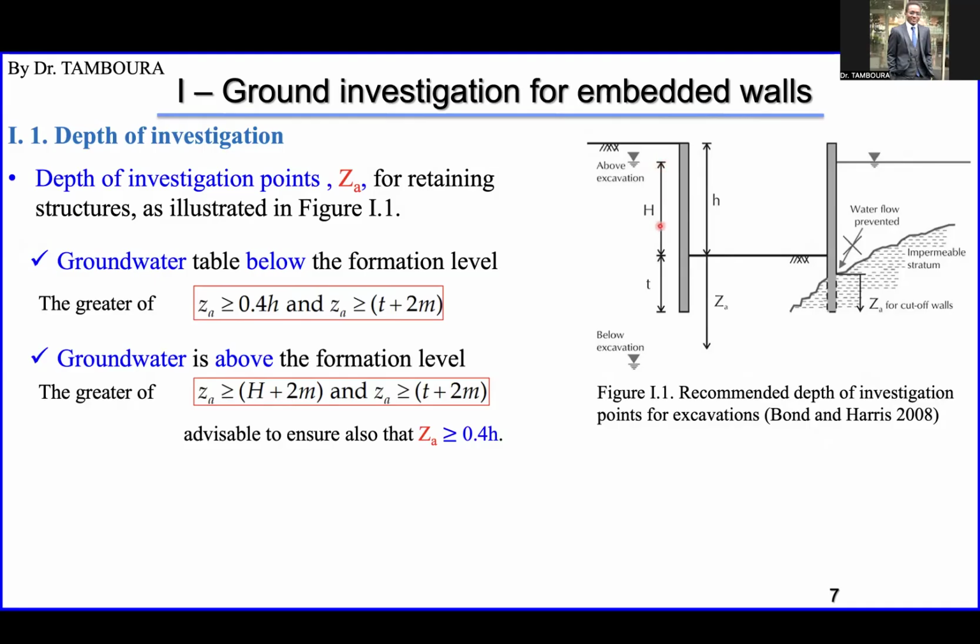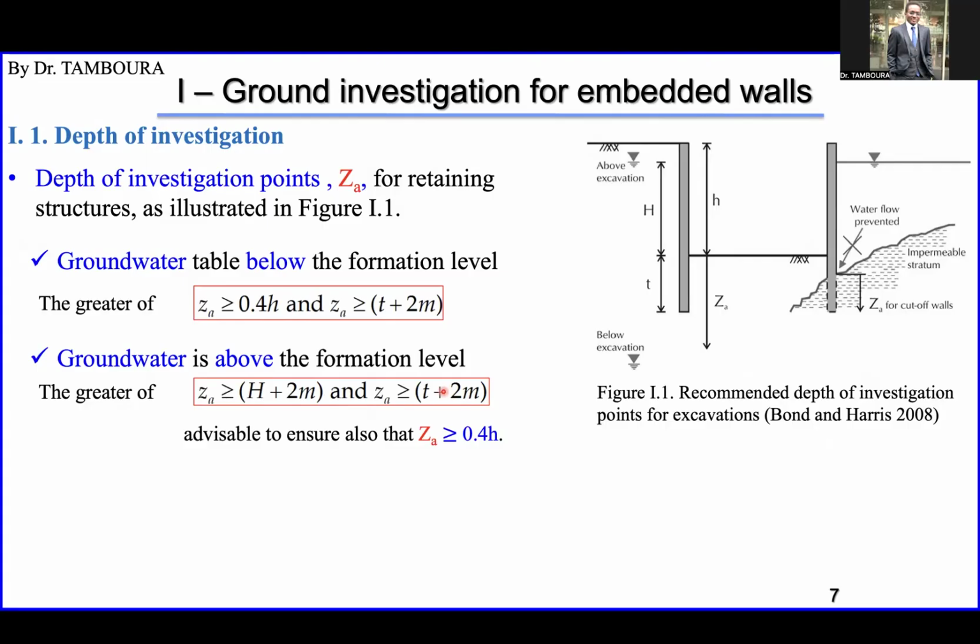The definition is really clear: the capital letter H from the groundwater level to here, plus 2, H plus 2, or the same one here, T plus 2 meters. I already explained this. The greatest value between these should be taken.